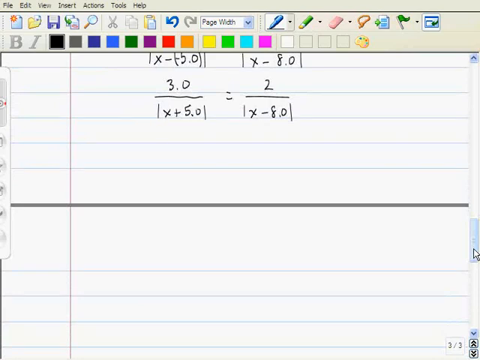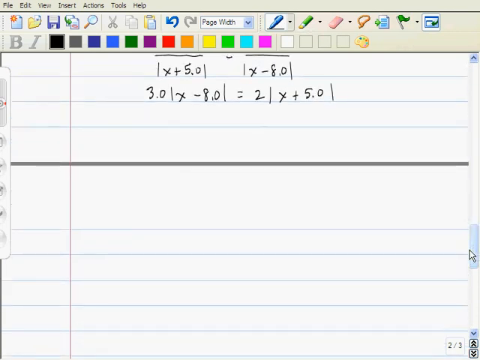If I cross multiply, I have 3 times the absolute value of x minus 8 equals 2 times the absolute value of x plus 5. There are therefore 2 equations that I can solve because of the absolute value sign. So let's solve the case for both of them.